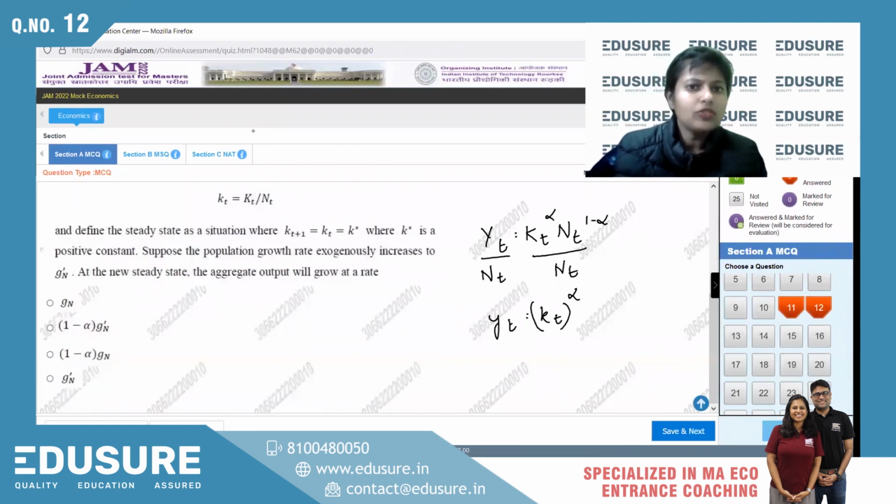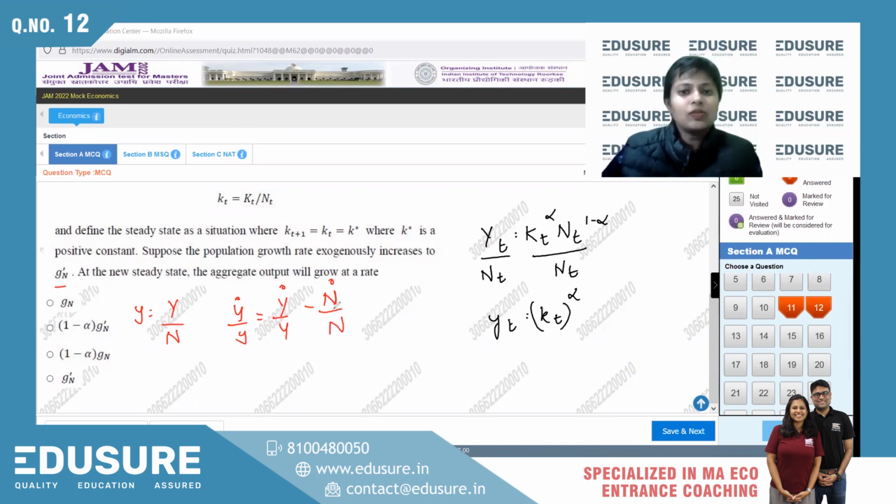It says that the population grows at the rate of g n, and then suppose the population rate of growth increases to g n prime. At the new steady state, the rate of output will grow at. So small y is equal to capital Y by capital N, and y dot by y is equal to capital Y dot by Y minus N dot by N. Now Y dot grows at the rate of K dot, which doesn't grow at steady state.